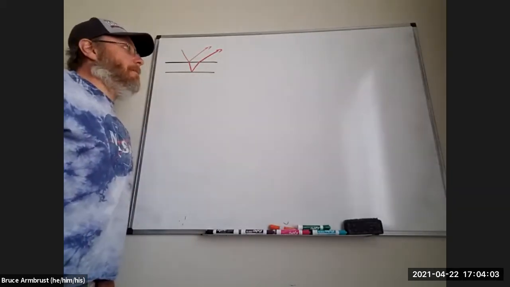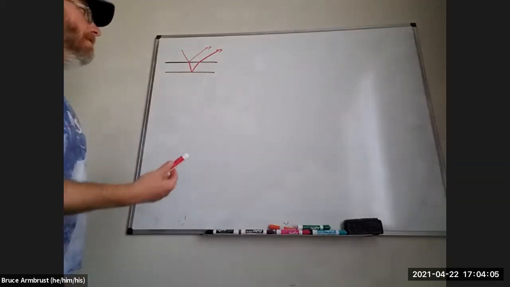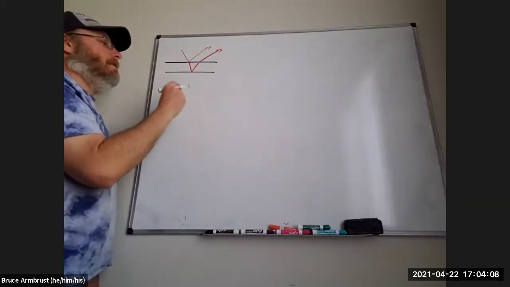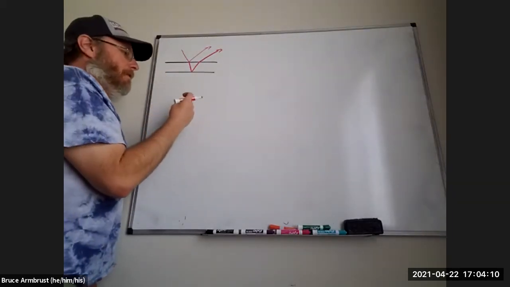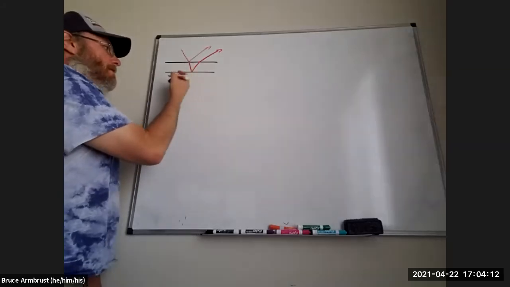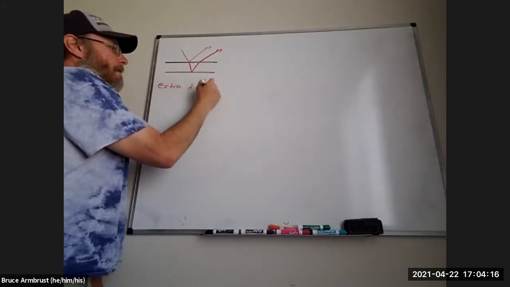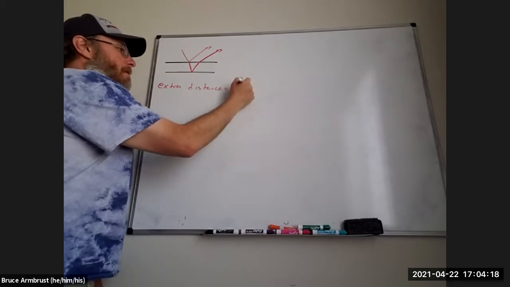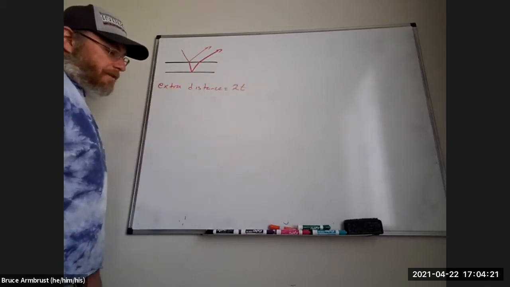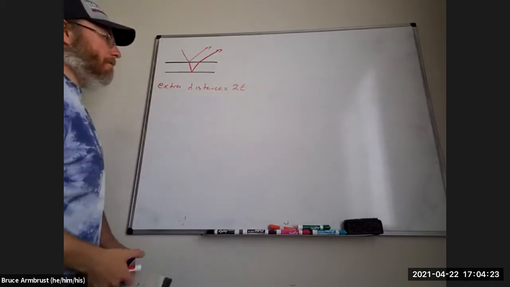What we saw is that we have two things to take into account in terms of the interference. One is the extra distance traveled, and the extra distance is going to be 2 times the thickness of this layer.